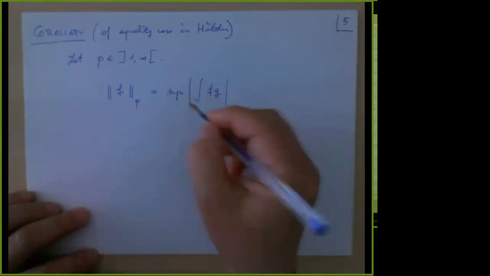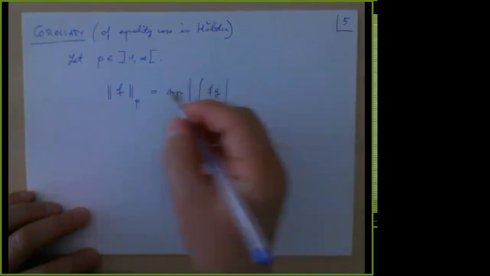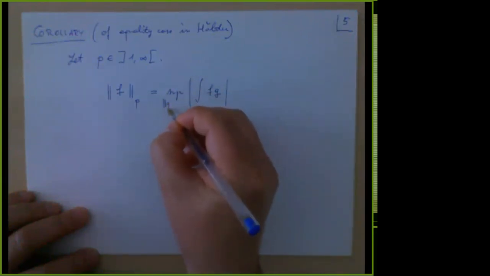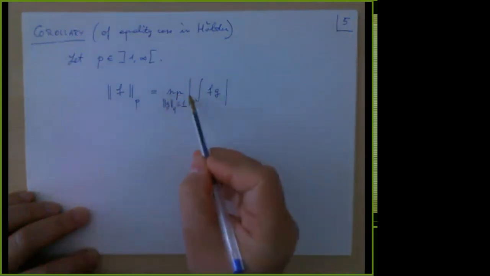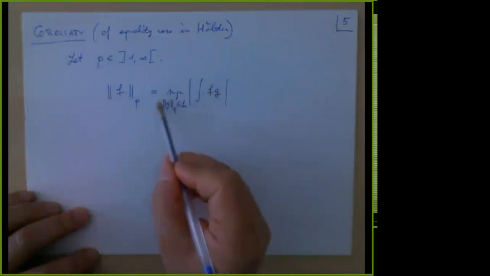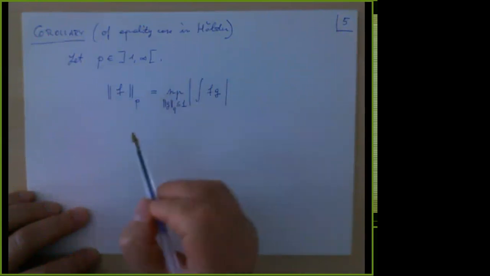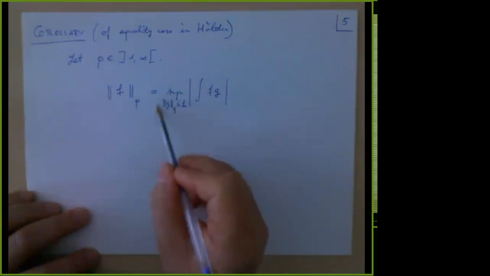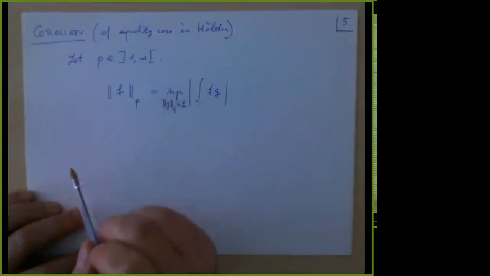Actually, you can also avoid the absolute value, but I write it out of habit. With the Q norm of g less or equal to 1. So this means that you take the sup of the absolute value of the integral of f times g over all g such that this expression, I cannot yet call it a norm, but let's call it a norm with anticipation, the Q norm, is less or equal than 1.